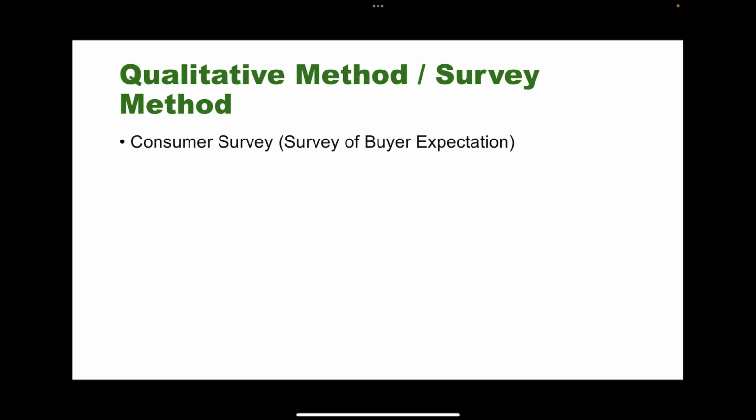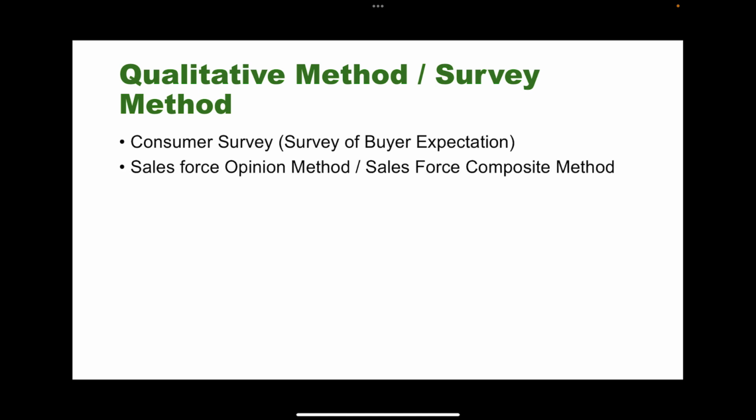The qualitative method mainly consists of these different types of methods, that is the consumer survey, that is the survey of buyer expectations. We will see each one of them in detail.